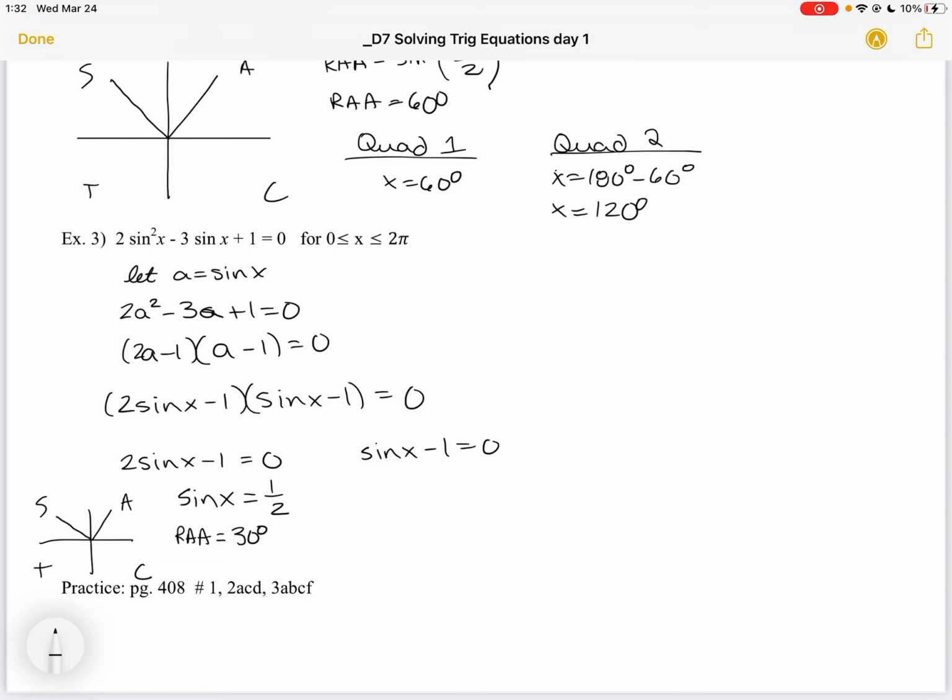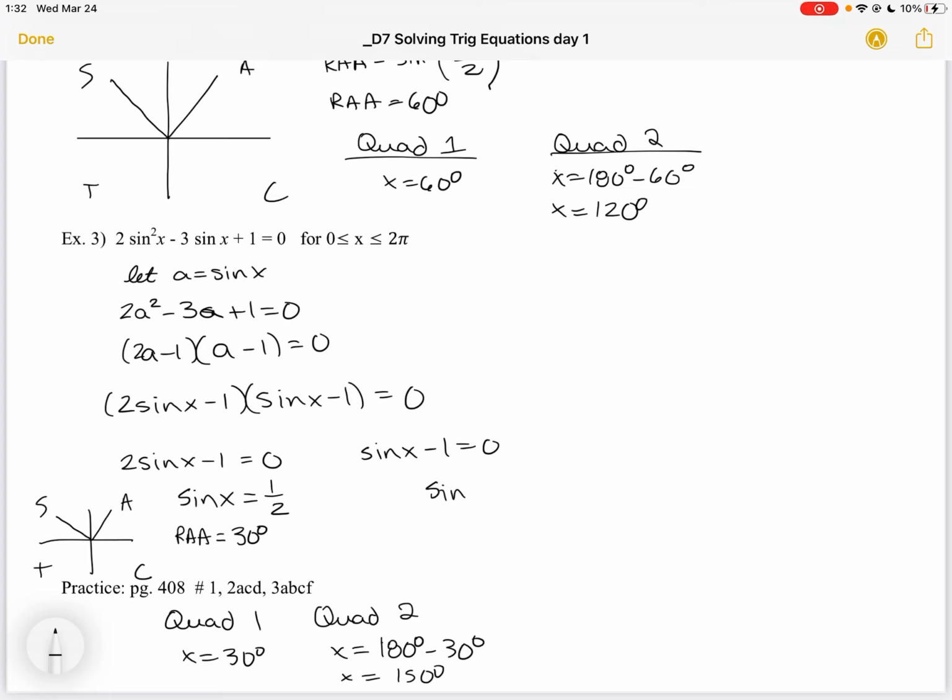Okay, using my 30, 60, 90 triangle. That means that I have my solution in quadrant 1 as x is equal to 30. And then I've got my solution in quadrant 2 as x is equal to 180 minus 30, which is going to give me 150 degrees.